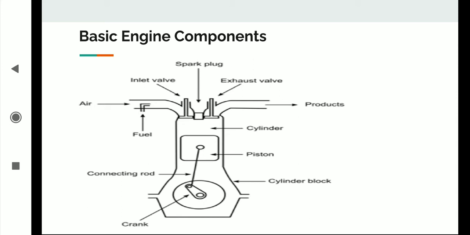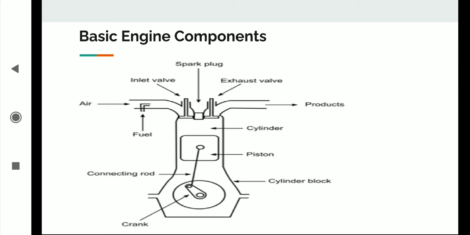The two ends of the connecting rod are called the small end and the big end. The small end is connected to the piston by a gudgeon pin and the big end is connected to the crankshaft by a crank pin. Crankshaft: it converts the reciprocating motion of the piston into useful rotary motion of the output shaft.